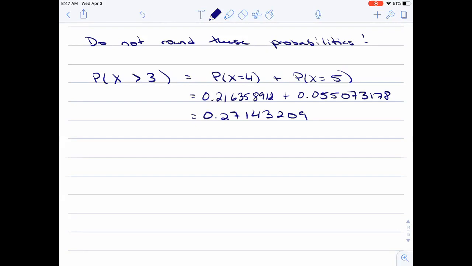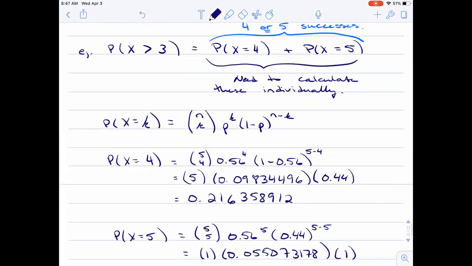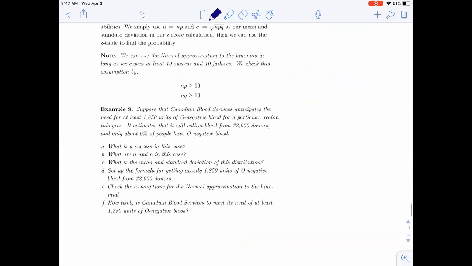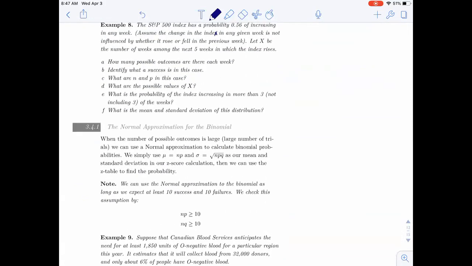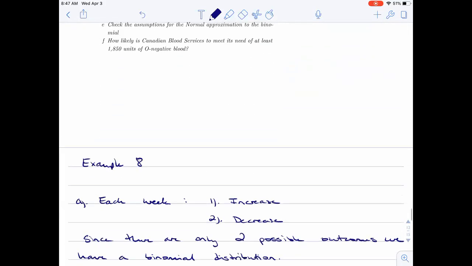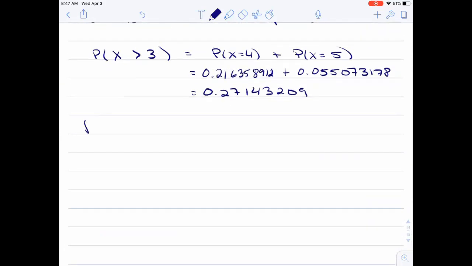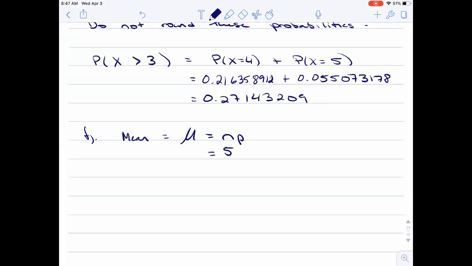Any questions about that one? So then part F, what's the mean and standard deviation of this distribution? The mean is mu, which is n times p. N is 5 and p is 0.56.